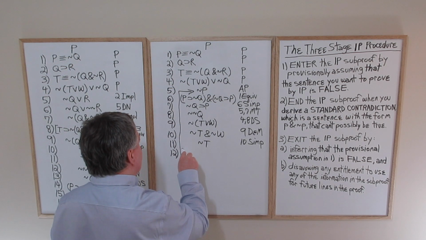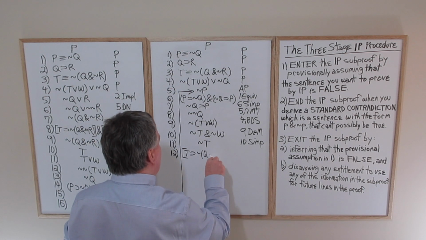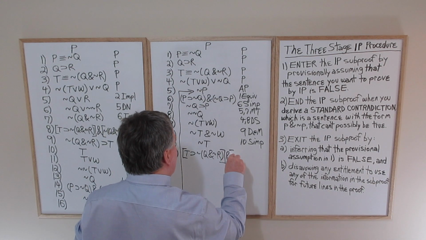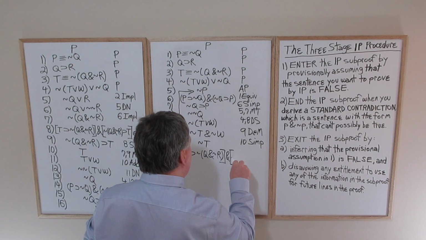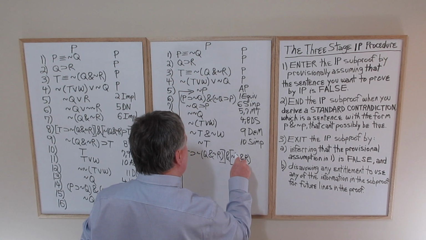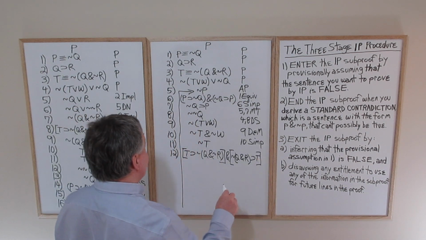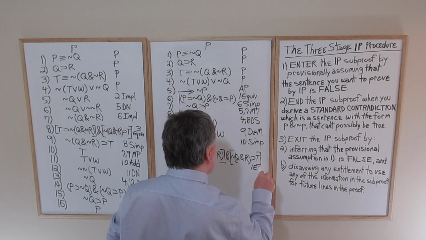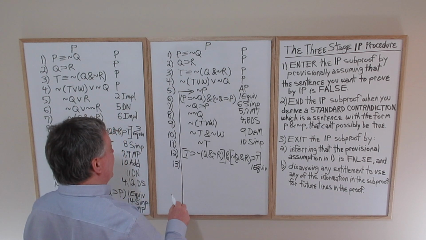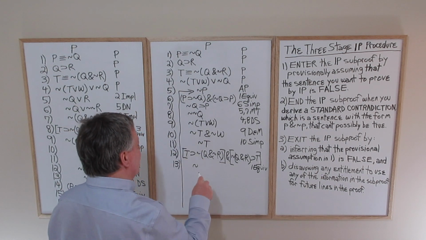So, T horseshoe tilde Q and tilde R, and tilde Q and R horseshoe T. So that's going to be 1 equiv. Once again, it's the right-hand version that's going to be of use to us, given that we've got tilde T.